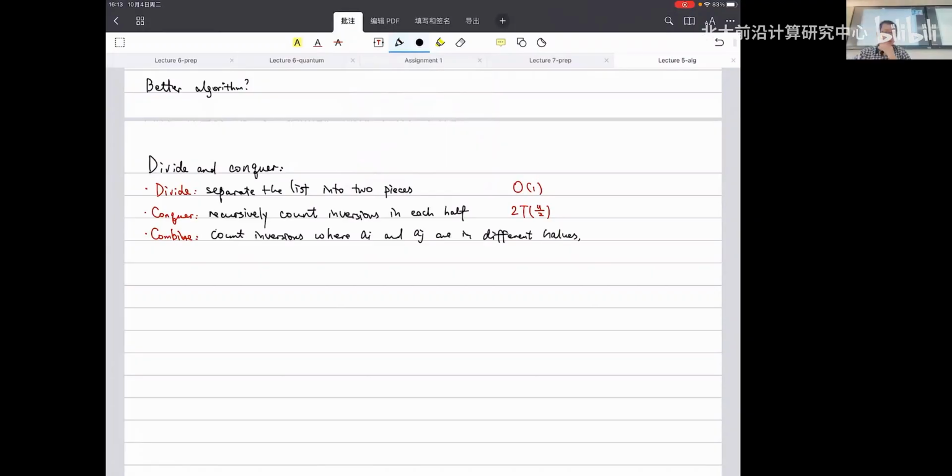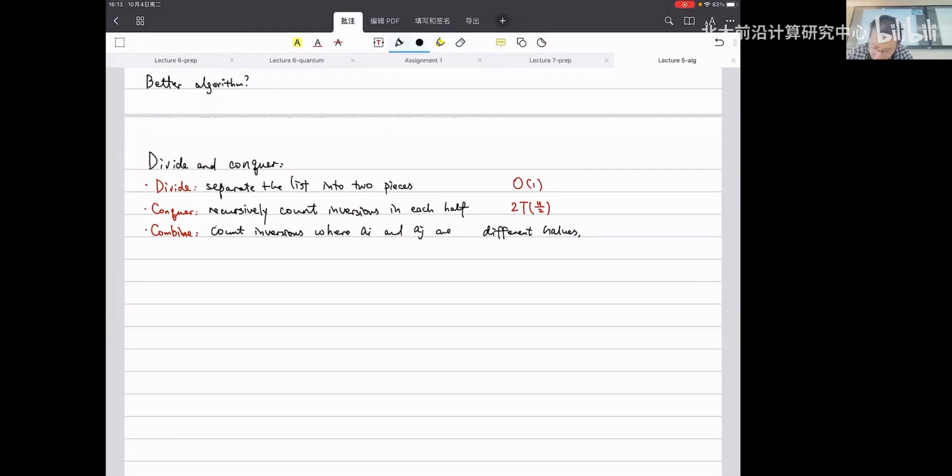Due to the recursion, we have solved the two subproblems in the conquer part. So the remaining thing in this merge or combine step is that we need to count the inversions where one is in the left half and the other is in the right half. This is the part we need to take specific care with.